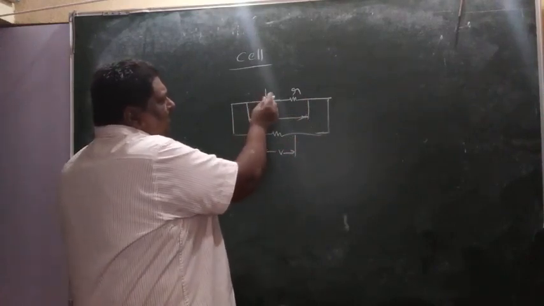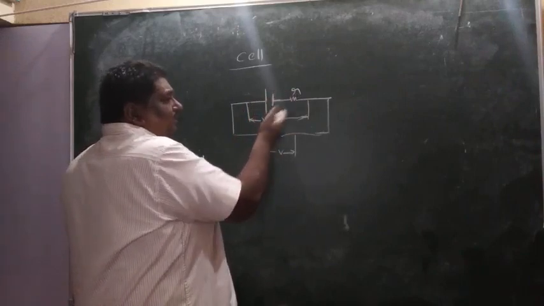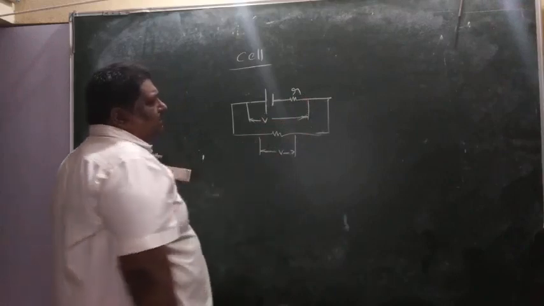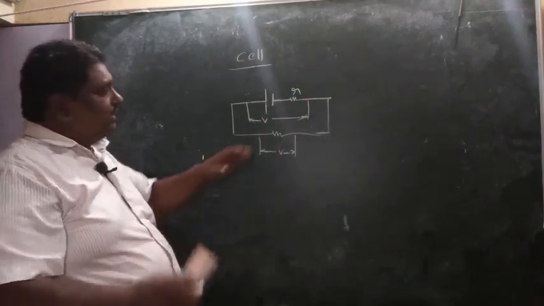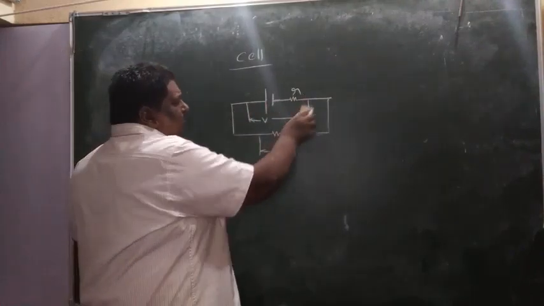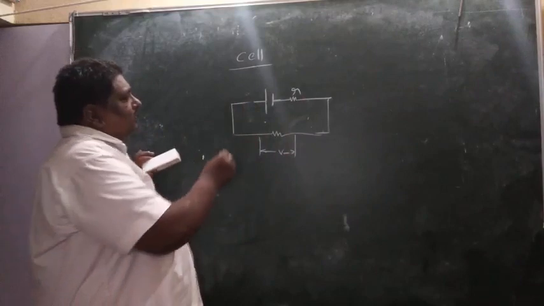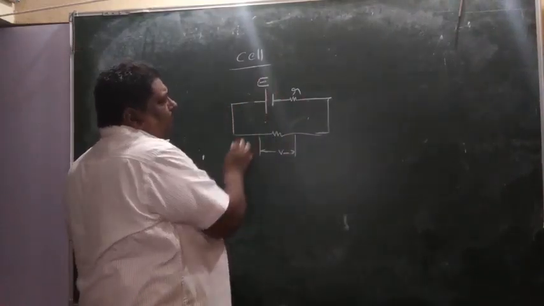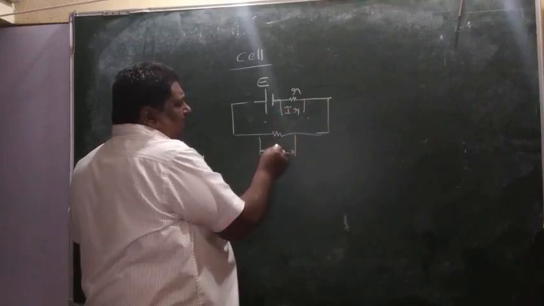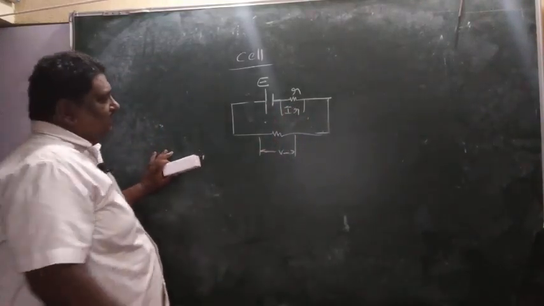Therefore, whatever voltage is delivered by the cell, excluding the internal resistance, that voltage is called potential difference, or the voltage available at the external resistance. So here E is produced, here Ir is lost, and the remaining V is available at the external resistance.